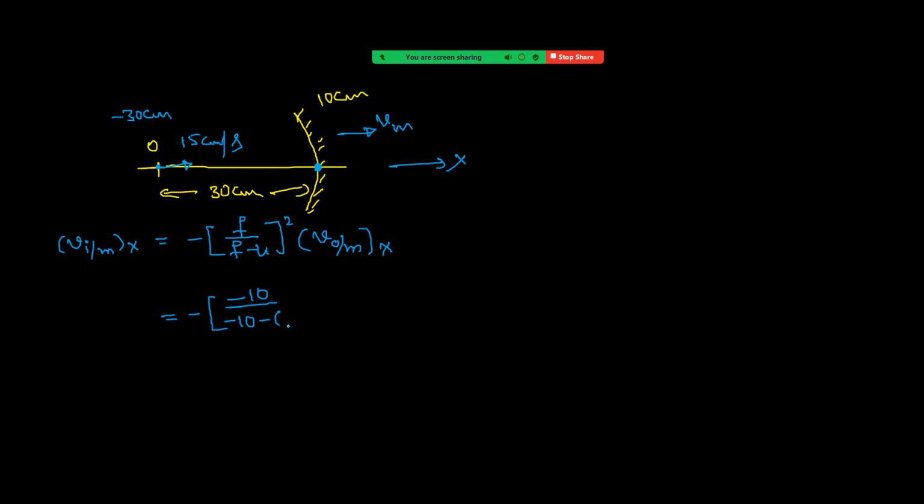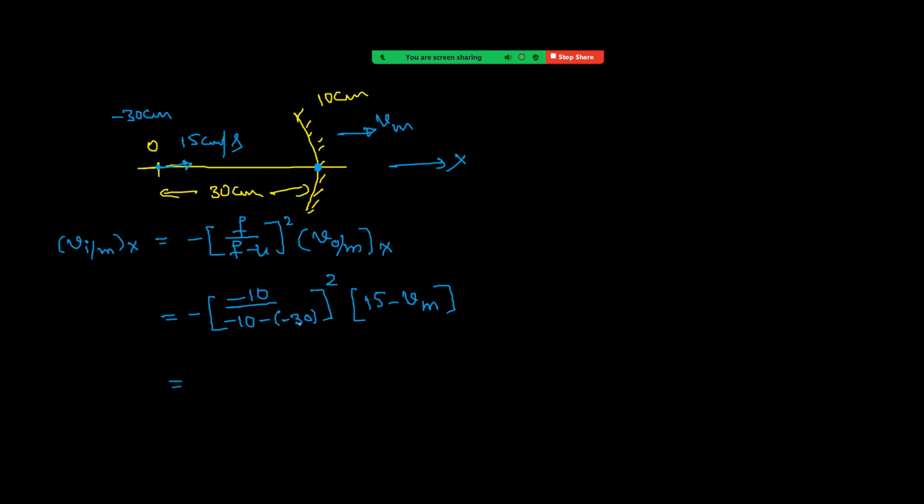Therefore, the coordinate is minus 30. So minus 30 whole square. Velocity of object 15 minus velocity of mirror. We have assumed that velocity of mirror is along positive x-axis. Now see calculation for this.